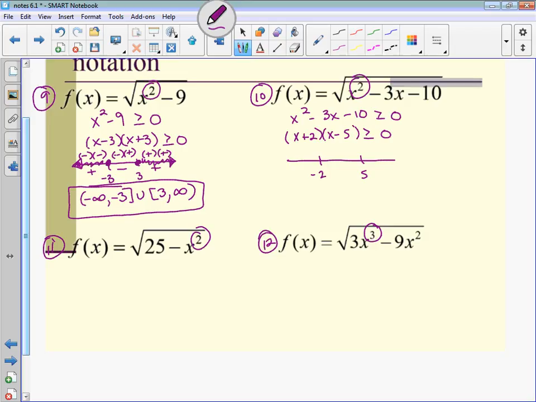Negative 3, and where am I plugging that in? X into that factored one, right? Okay, so negative 3 plus 2, what do I get? A negative. And I don't really care what the number is, I just care if it's positive or negative, okay? Negative 3 minus 5. Negative. But a negative times a negative is positive.